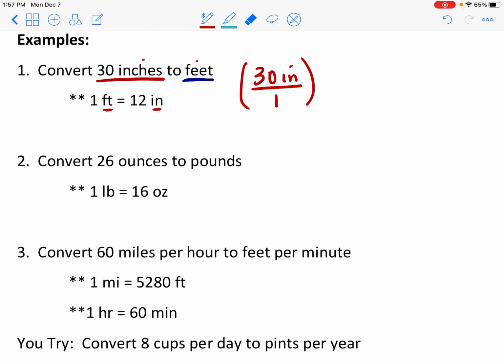So I'm going to multiply by my unit fraction. I just need to make sure that when I multiply it, the units I want to get rid of are on opposite sides of the fraction. So I'm trying to get rid of inches, which means I'm going to put 12 inches here, and then the 1 foot here, so that again the inches cancel because they're on opposite sides of the fraction.